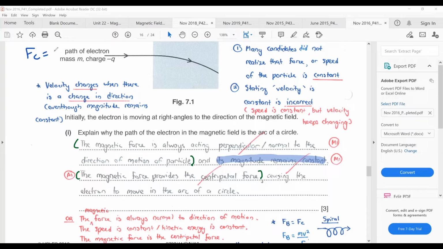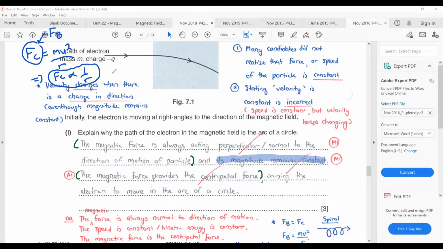Fc is equal to mv squared over r. Now your Fc is provided by Fb. You can see from here that Fc is inversely proportional to r if everything else remains the same.